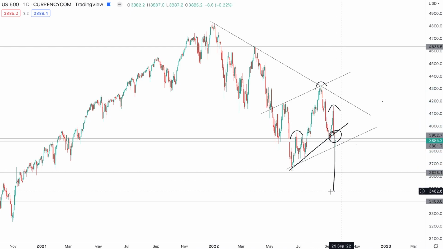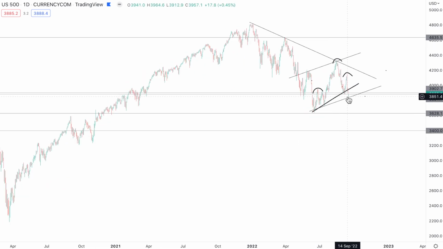Now, patterns aren't everything in the market, and you should definitely not rely on them completely, but it gives you an idea of where you're going to see significant breaks and when you can get a violent move in the market. When you've got this type of pattern and that's followed by a break, well, that can lead to a panic.